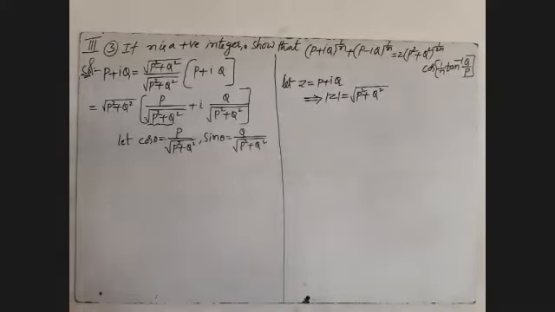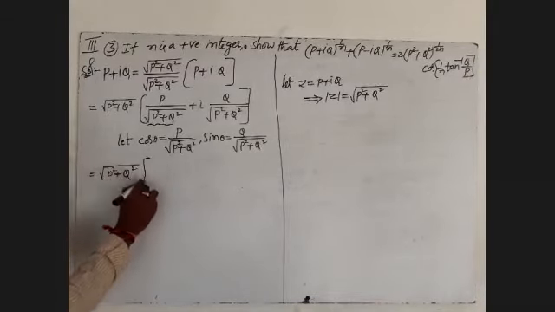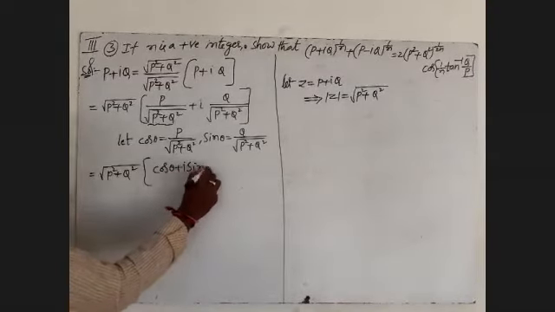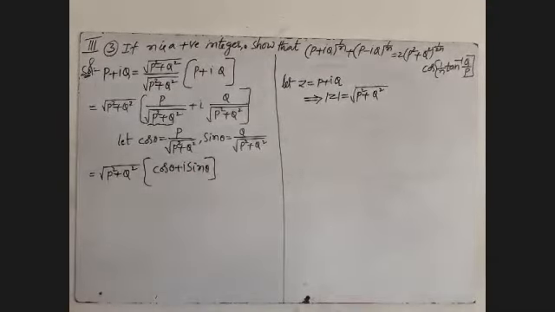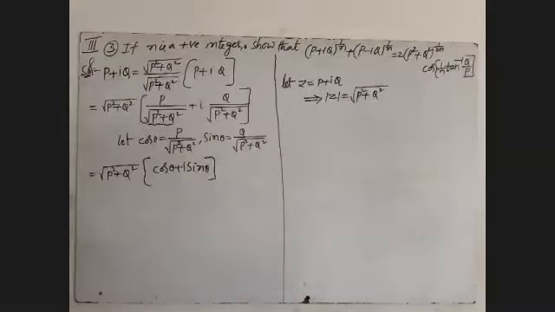So we write root of p square plus q square into cos theta plus i sin theta. This is the value of p plus iq.